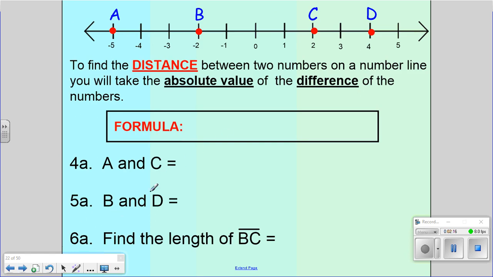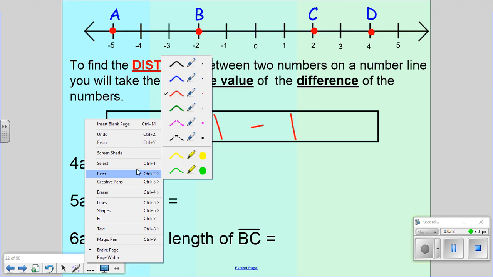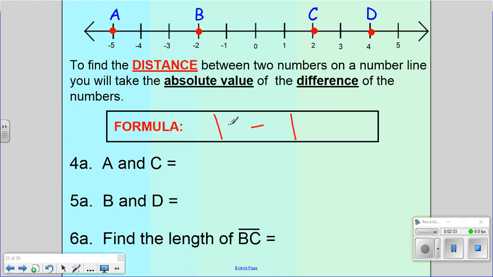Now, to find the distance between two numbers on a number line, you will take the absolute value of the difference of the numbers. So the formula looks like so: absolute value of the difference of the two values, x sub 2 minus x sub 1.